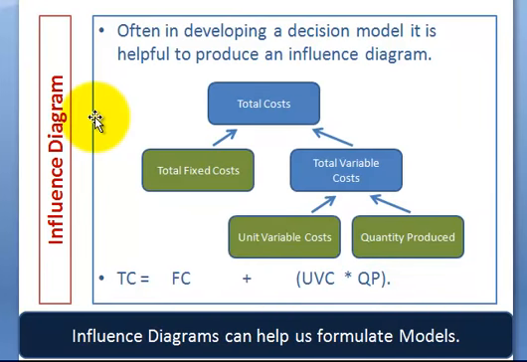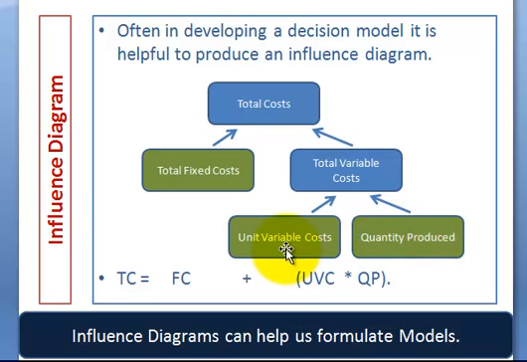So often in developing these decision models, we do what's called an influence diagram. We actually diagram out what the different things are that impact, say, total costs in a business. So total costs are the addition of fixed costs plus variable costs. And variable costs are simply made up of my unit variable cost times my quantity produced.